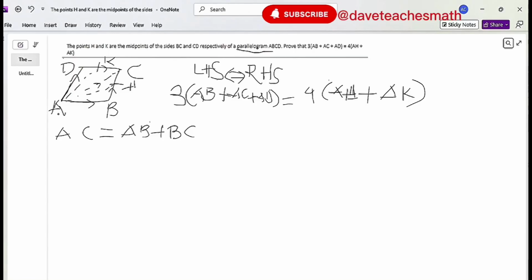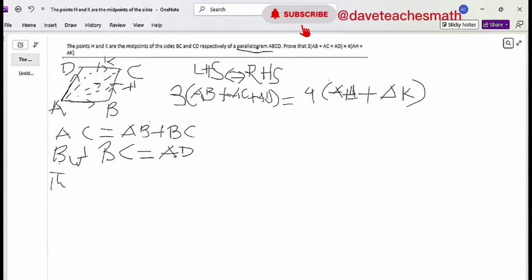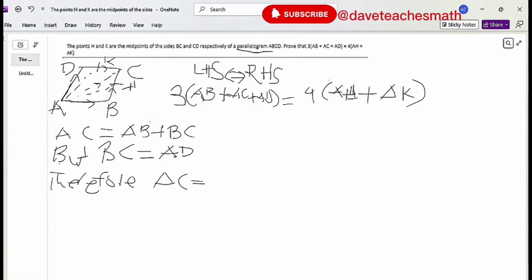It's the same thing. Therefore, we have AC is equal to AB plus AD. Now we have something that we can actually work with.